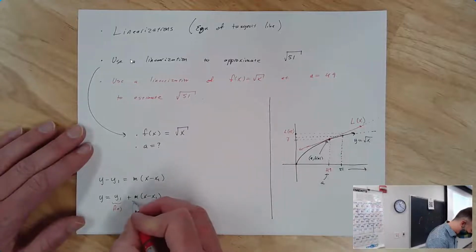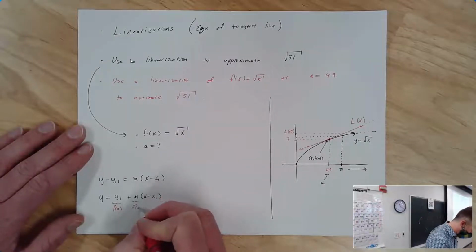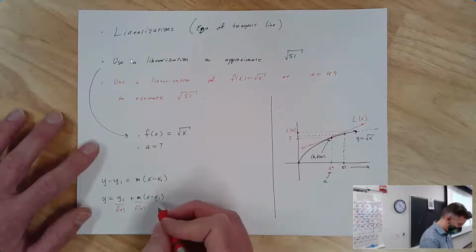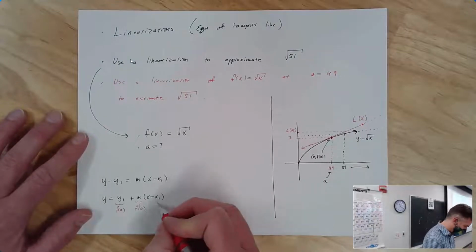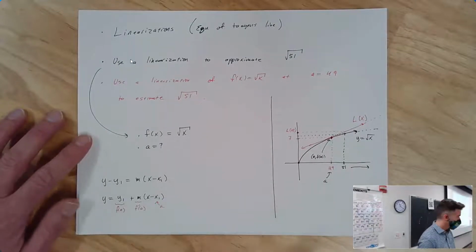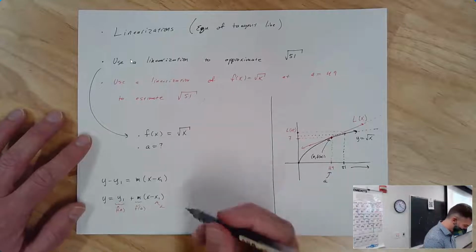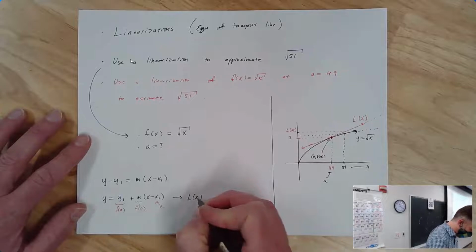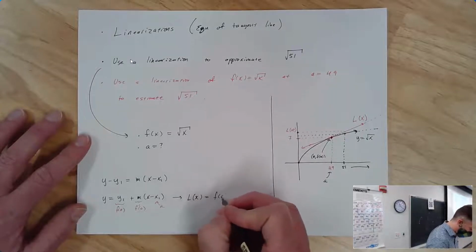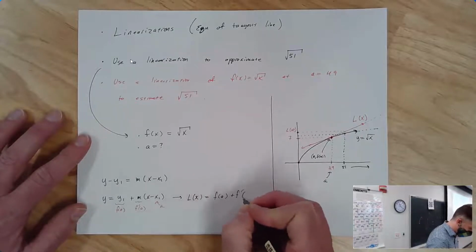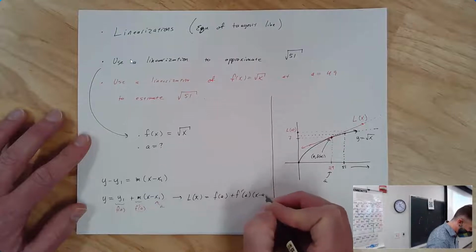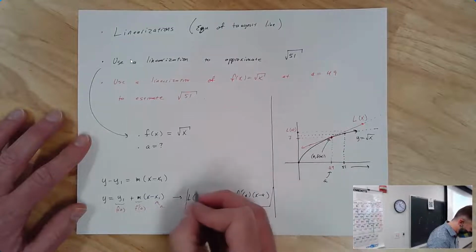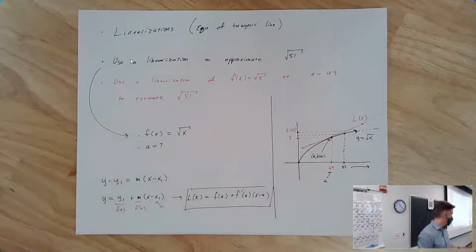So the slope here is just f prime of a. And the x coordinate that we're plugging in is what we're calling the a value. So we typically rewrite this as the linearization: y equals f of a plus f prime of a times x minus a. But I want to stress it's literally just the equation of the tangent line where you solve for y.